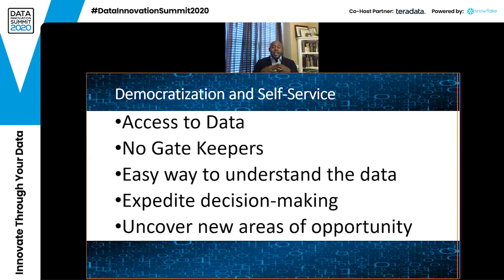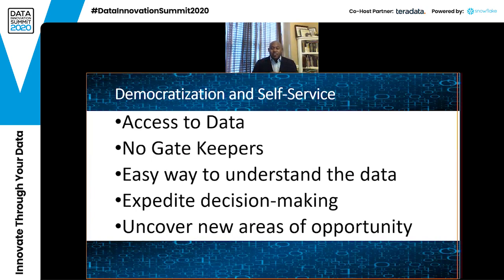I do understand that there are government processes and rules in place that govern every business, and they require that certain sensitive data not be accessible by everyone. But when it comes to the data consumers, we need to make sure that the right data is in the right hands to make the right decisions. So democratization of data means making that data accessible and removing that need to have gatekeepers for the specific groups that need the specific data.